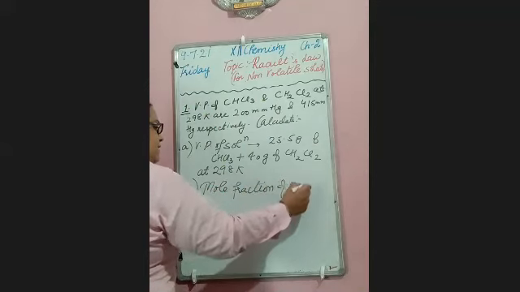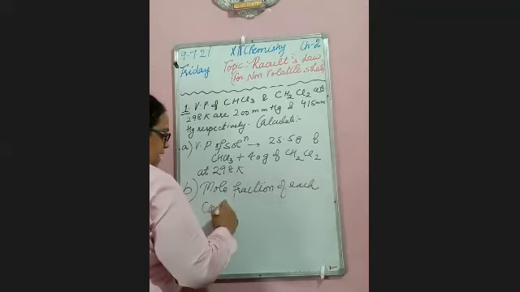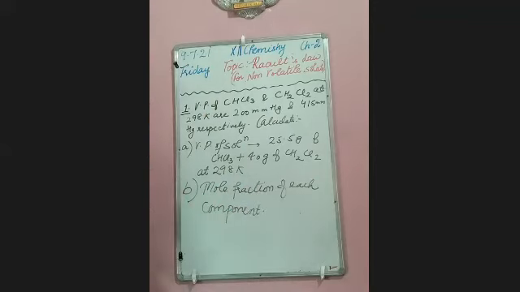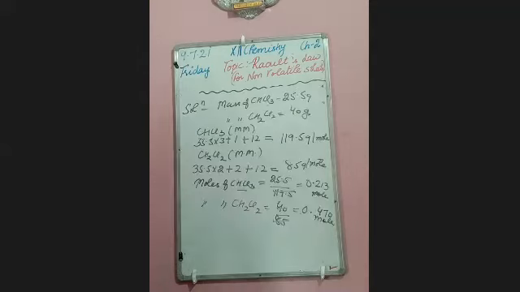Take 1 minute and think which formula can be used and how to solve this. First read the statement again and tell me how you will solve this. So first calculate mole fraction.